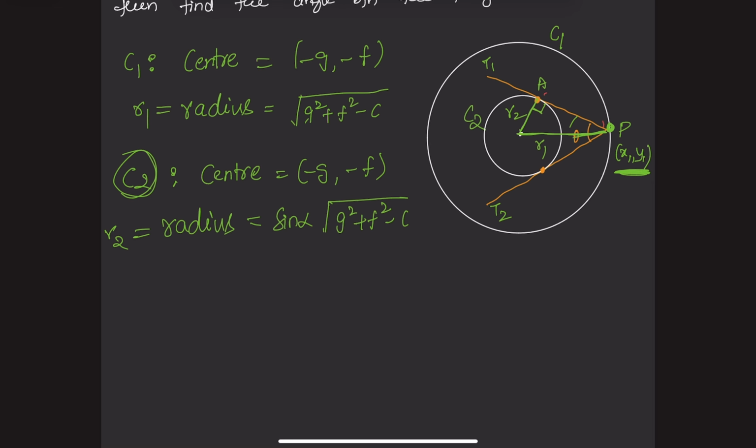And in this triangle, this angle will be theta by 2 because of symmetry. Now, since this particular triangle is a right angle triangle, you can take sine theta by 2 is equal to R2 upon R1.